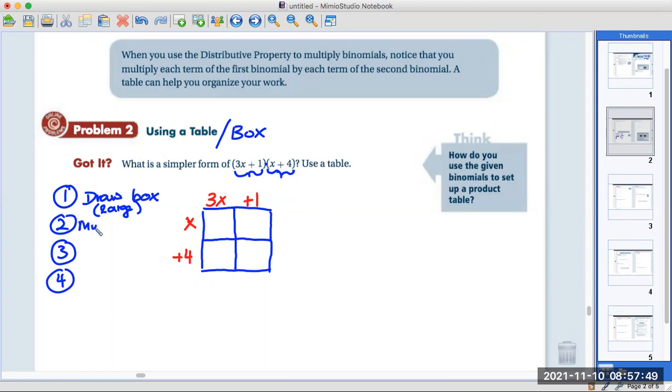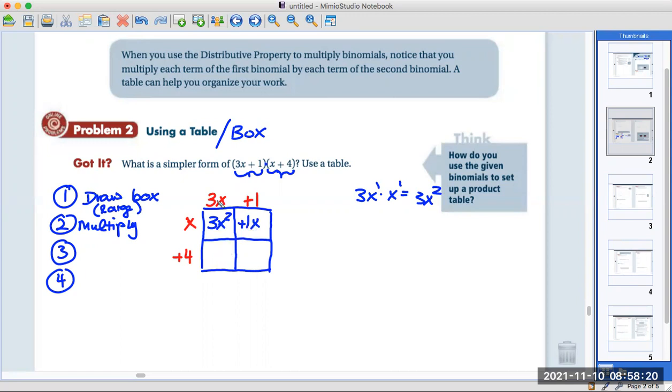And then we're going to multiply. So the second step is multiply. So you put your pen on the first box, you go up and over and multiply. So you multiply 3x times x, which is 3x squared, because you're adding the exponents, yeah? And you put your answer inside. Second, put your pen in the square, go up and over and multiply. 1 times x is positive 1x.